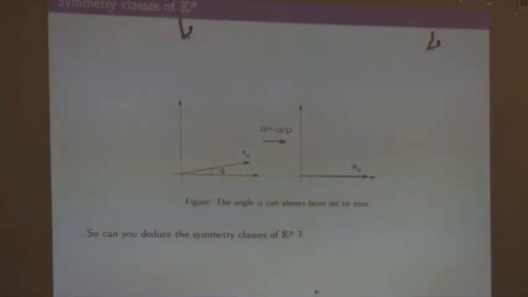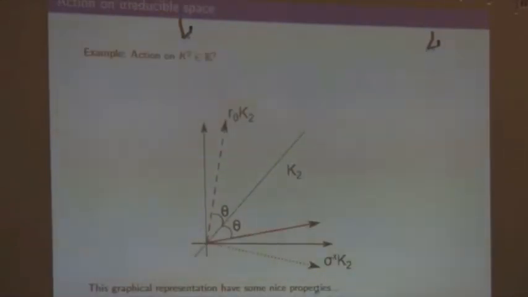So we can see, if I act on elements of an irreducible space, how this irreducible element will transform. Using this graphical representation, we will be able to determine in the first instance the symmetry classes of elementary objects. Afterwards, we will develop some more general results, but graphically you can already see a lot of things.